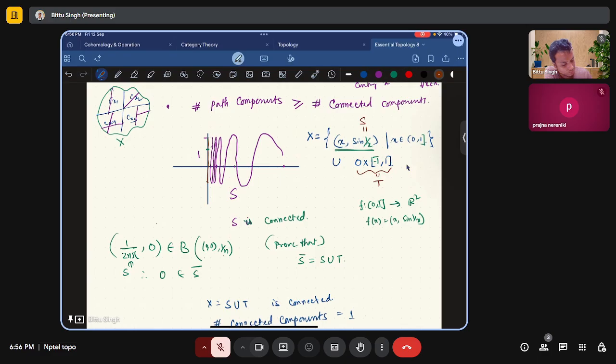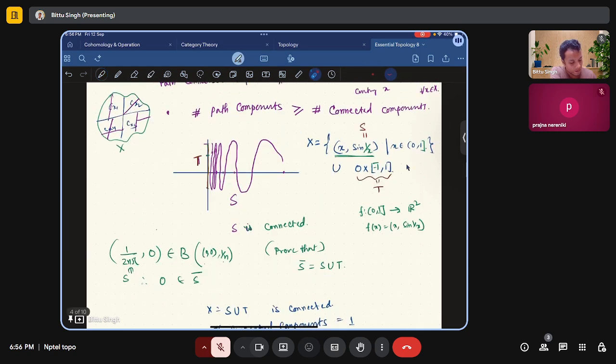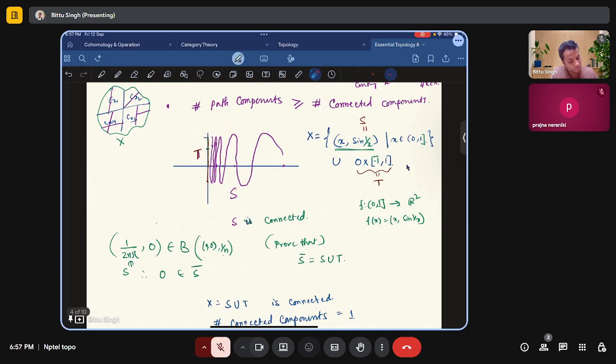So this is our T. So the number of path components equals 2. I have not proved this part, but I have only proved that T and S, those two, are path connected. So X can be written as S union T, and T and S both are path connected.